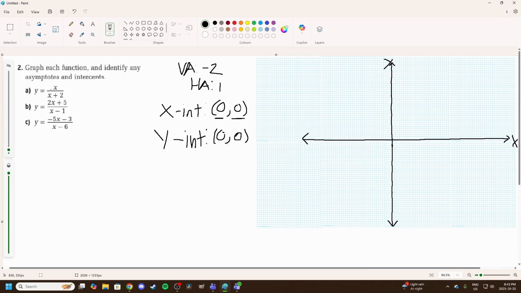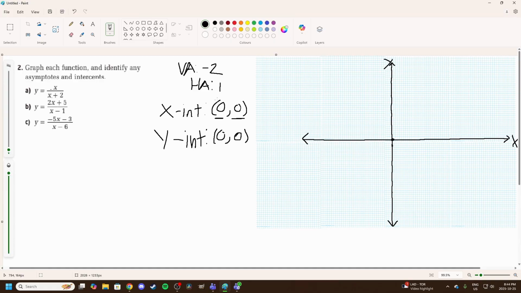I'll repeat that. We already know x is 0, and the y value happens to also be 0, which we got from our previous intercept. It means that we only have one intercept, at 0, 0.